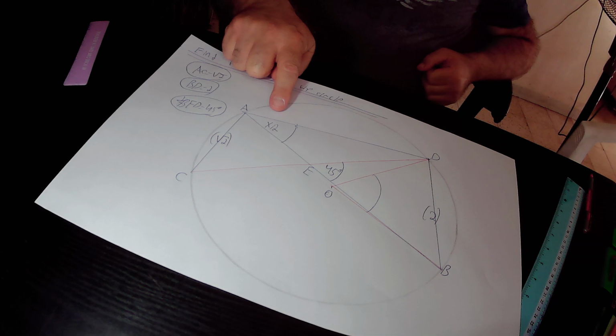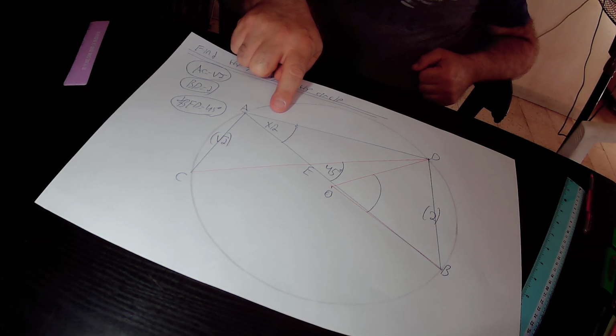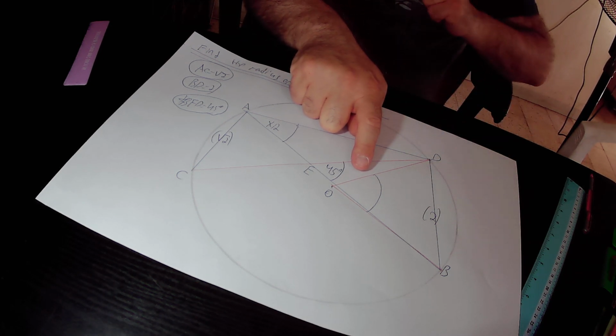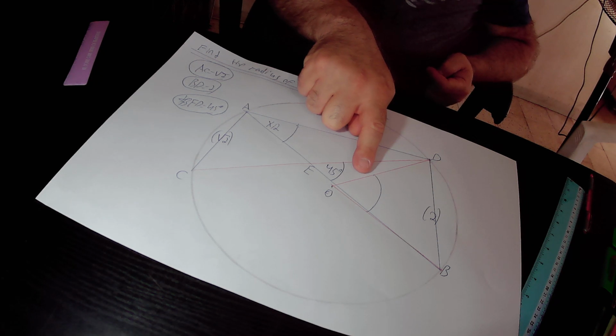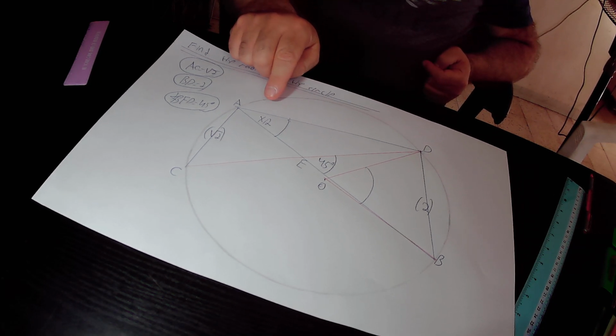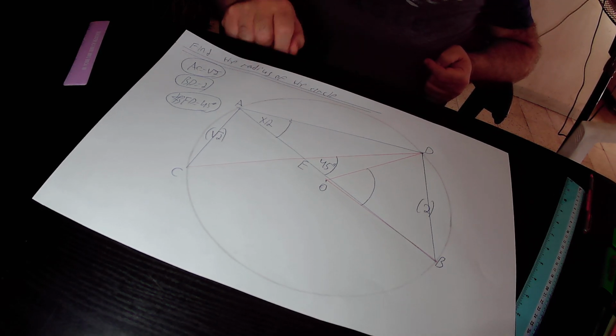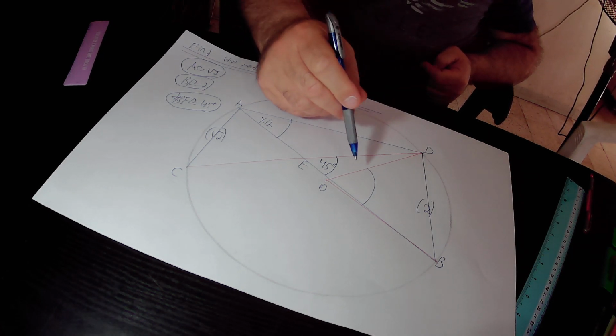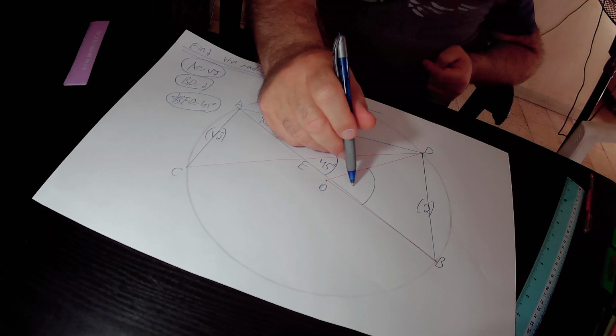So the size of this peripheral angle DAB is x over 2, and therefore the size of the central angle DOB that is subtended on the same chord called DB must be equal to x. Exactly twice as large as this peripheral angle that is x over 2. So the size of the central angle DOB is x according to Rule 13.